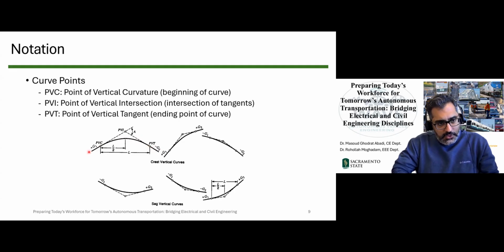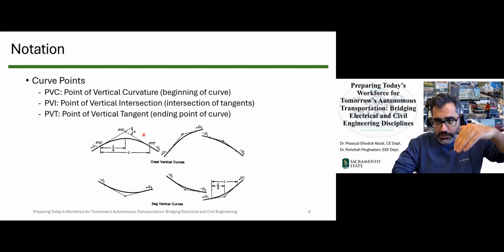And the place where the initial and final tangent intersect with each other, we call it PVI, or point of vertical intersect. It is very important in geometric design to find the station and also elevation of these 3 points. For construction purposes, it is very important to have that information.